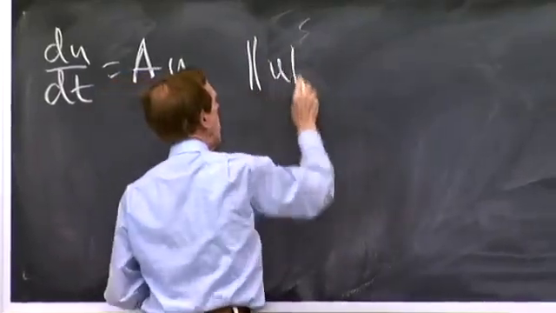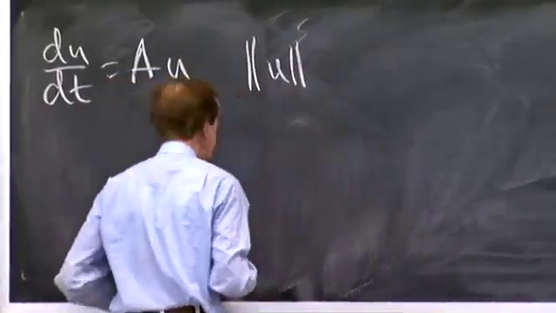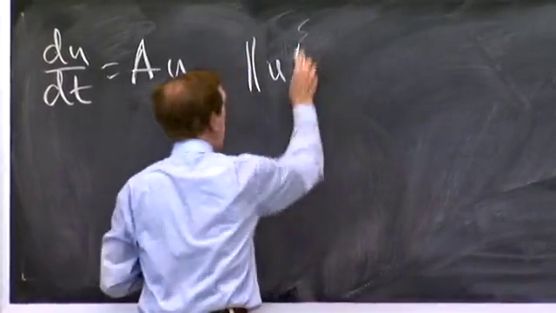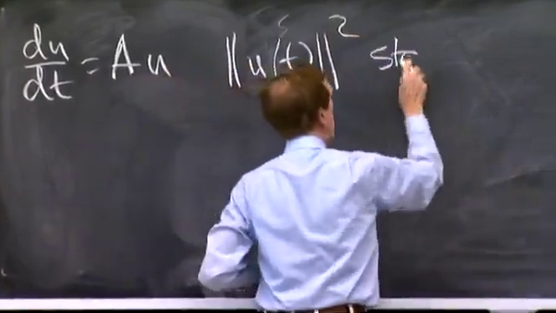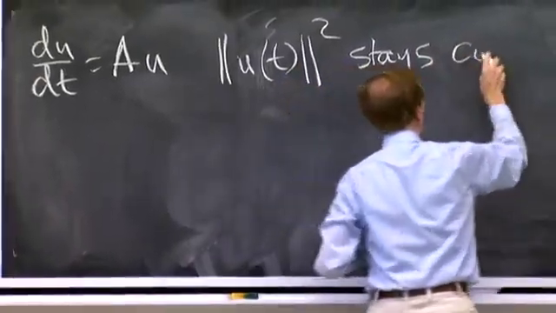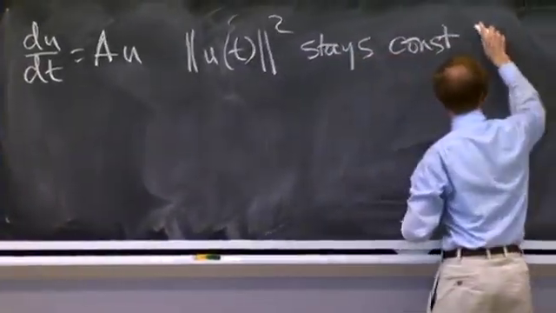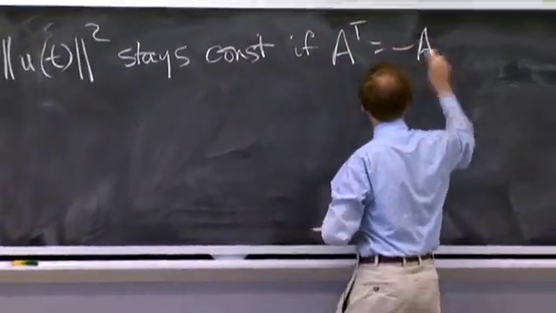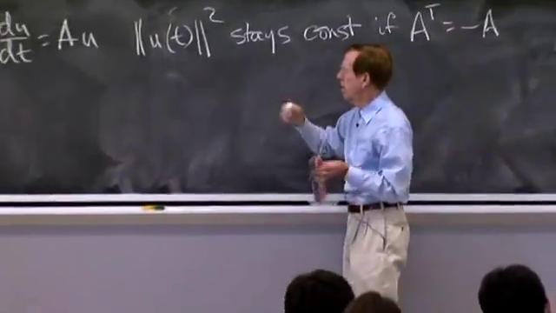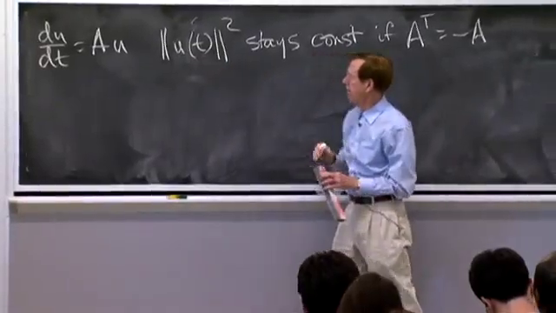The norm of u of t squared stays constant for all time if A transpose equals minus A. Essentially you take the derivative.